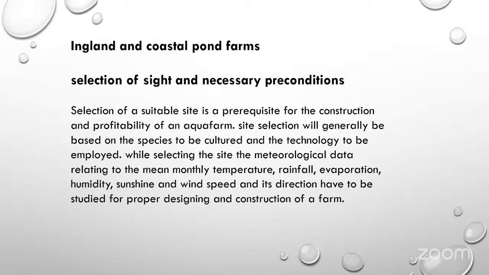Site selection will generally be based on the species to be cultured and the technology to be employed. While selecting the site, the meteorological data relating to the mean monthly temperature, rainfall, evaporation, humidity, sunshine, and wind speed and its direction have to be studied for proper designing and construction of a farm.